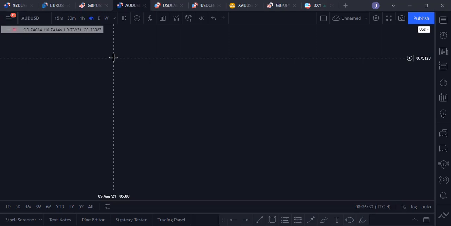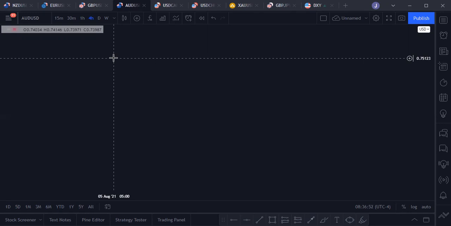Unless maybe there is a fundamental news event on either NZD or AUD, then you might see them go in opposite directions due to the news. But outside the news, both of them have a kind of positive correlation, but not 100%.